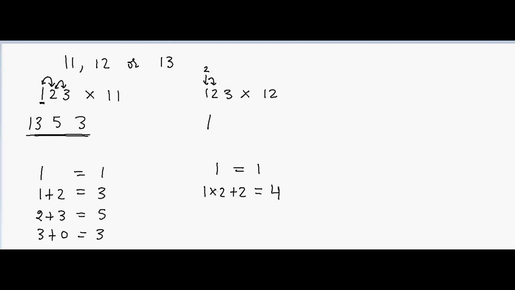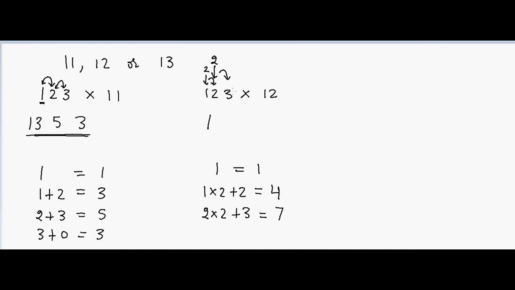Then for calculating the third digit of the answer, I'll do 2 into 2 plus 3, that will be equal to 7. So I multiply this by 2 and then I add it to the 3, so that will be equal to 7.